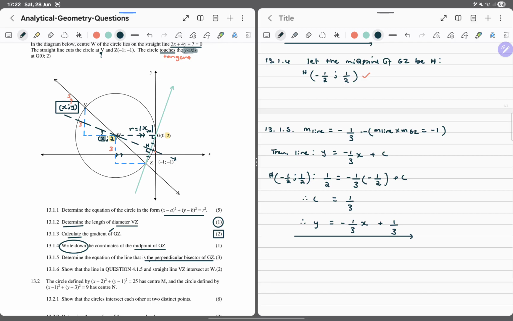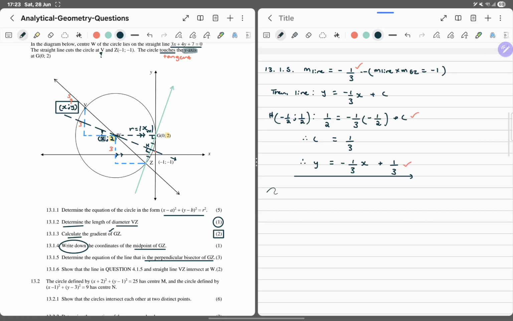Nice and easy. All right, so this looks okay. So of course, guys, the gradient is key. Substituting any point to determine c is key, and then writing the equation in the required format is how we score the full 3 marks for that question.